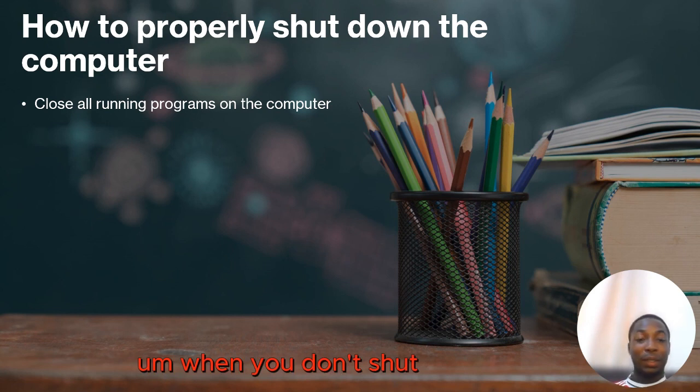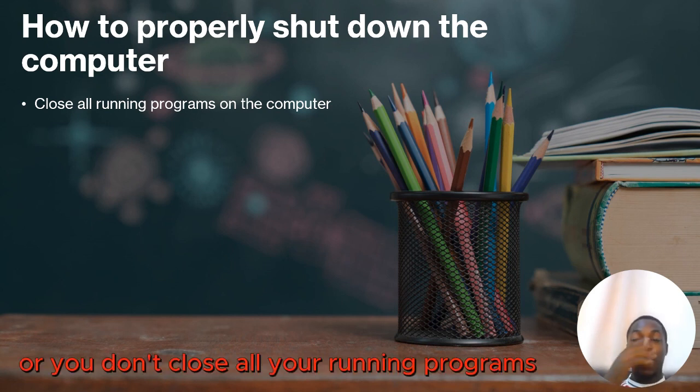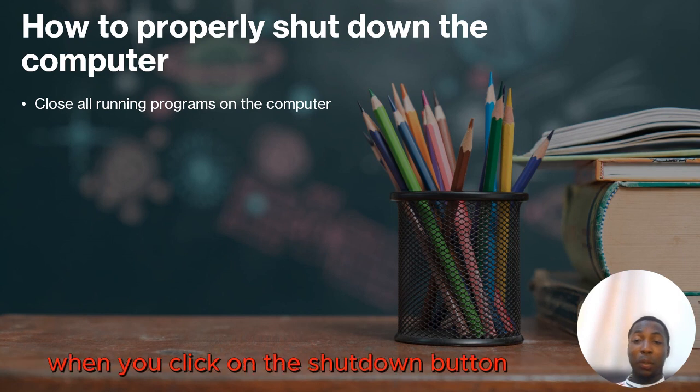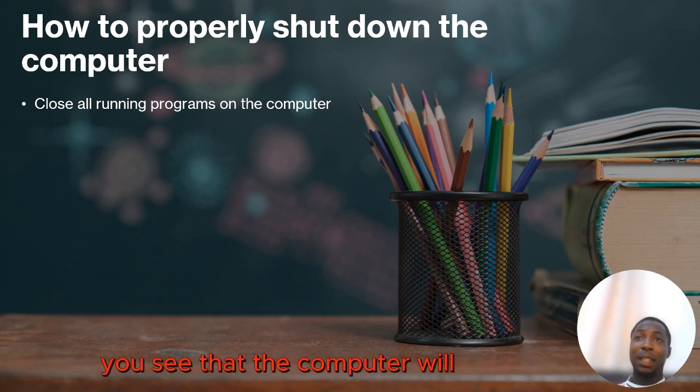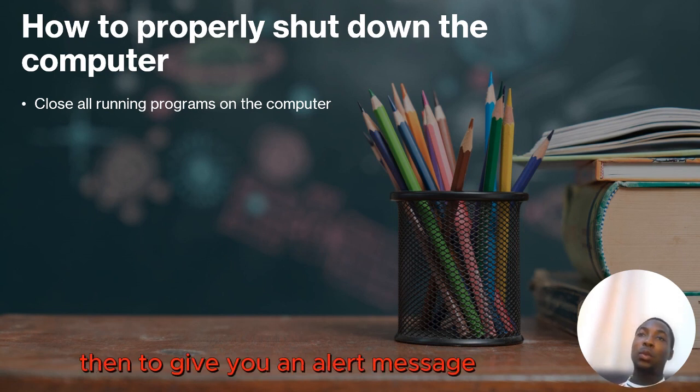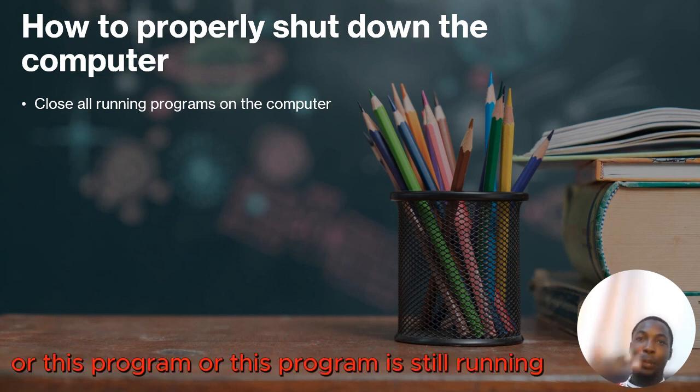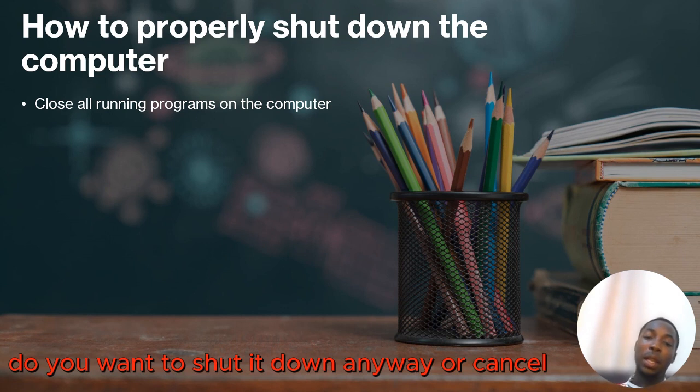When you don't close all your running programs and you click on the shutdown button, the shutting down will pause. Then it will give you an alert message saying this program is still running. Do you want to shut it down anyway or cancel?